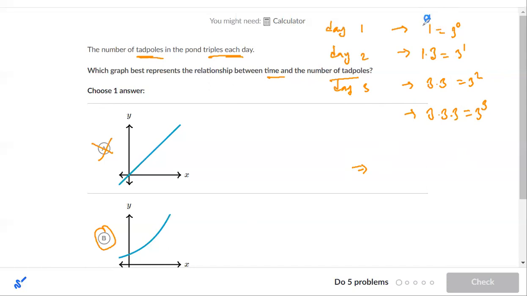If you have A tadpoles on the first day, then on the second day it will be A times 3. Then the next day will be A times 3 times 3, and then the fourth day will be A times 3 times 3 times 3. So if you continue this pattern, on the nth day it will be A times 3 to the n minus 1.